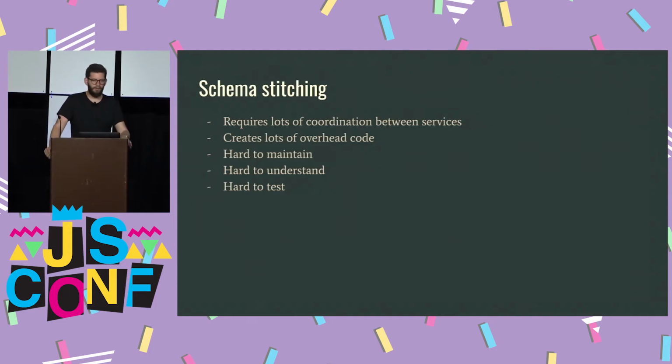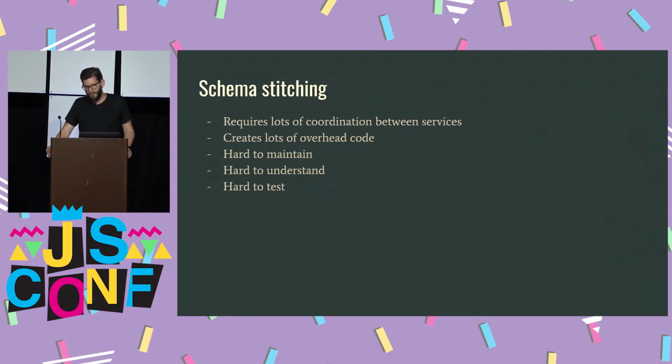One of the biggest downsides is if you try to separate a schema which shouldn't be separated, you create lots of overhead code, lots of effort, lots of work. The bigger it gets, the more you separate it, the harder it gets to maintain, even to understand, and at some point it's impossible to test it.